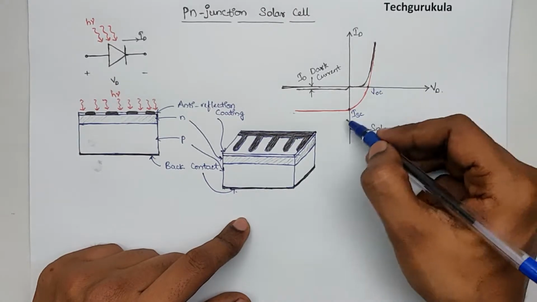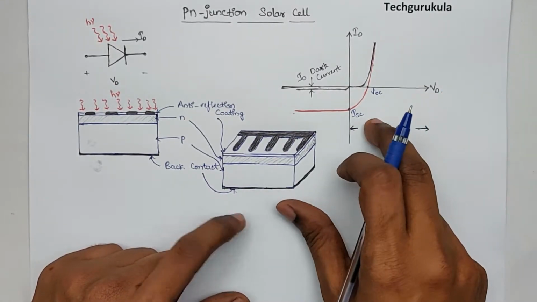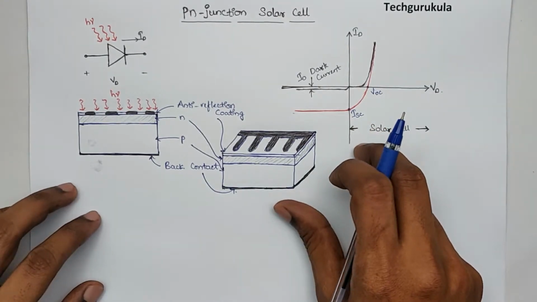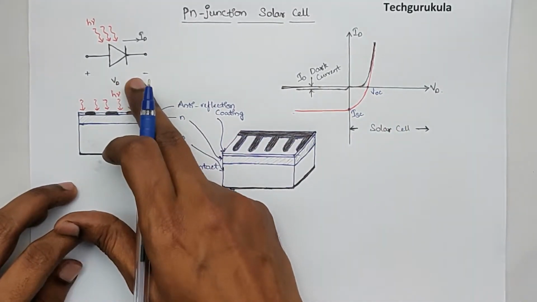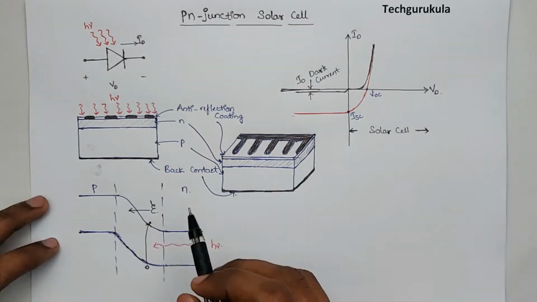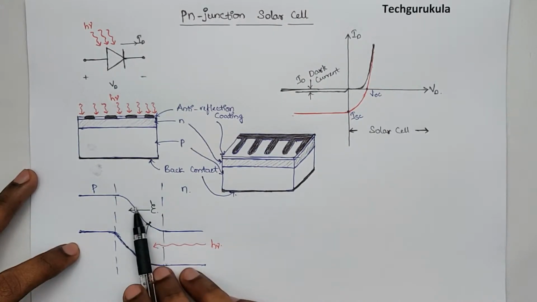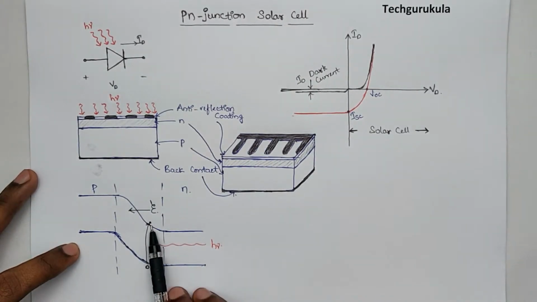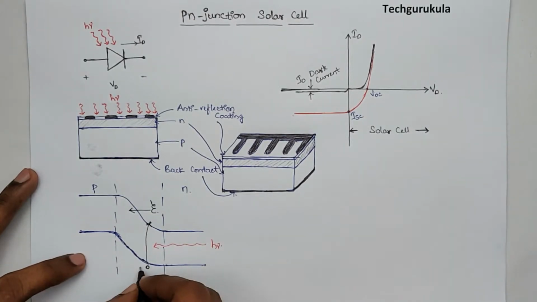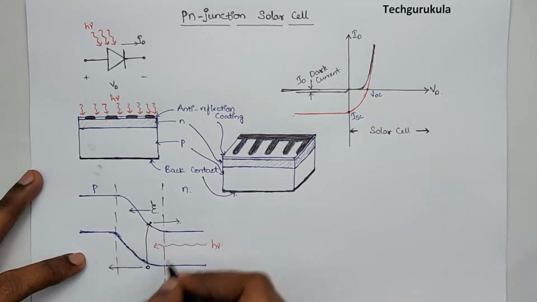In order to find these values in terms of formulas, we're going to find the equivalent circuit for this PN junction solar cell. To do that, let me take the energy band diagram in which the electric field is present in the depletion region where electron hole pairs are generated due to the incident light, and this electric field would send the holes to the P side and electrons to the N side.